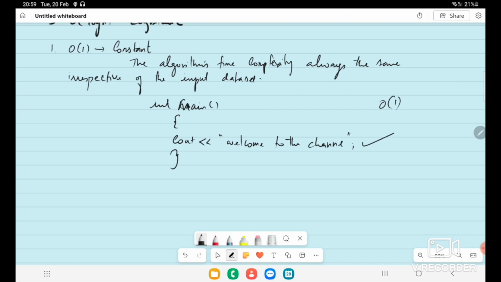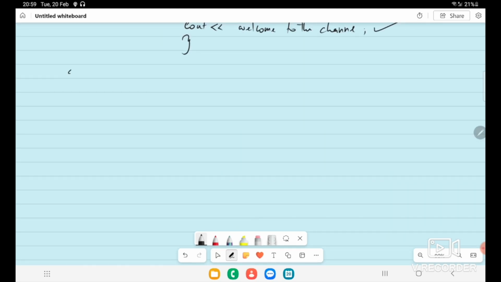And the second one is order of n, linear.